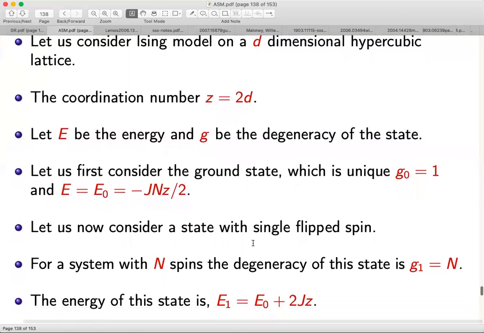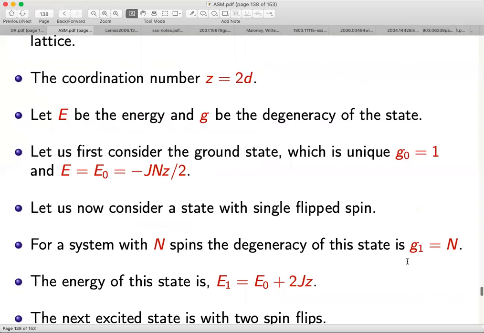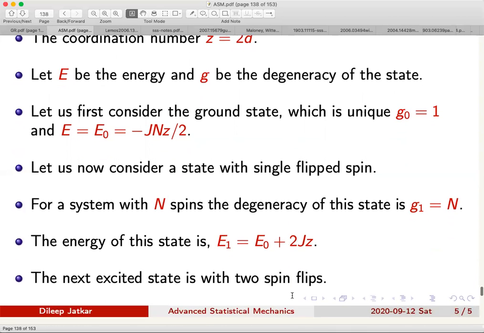So the degeneracy of this state is N. And the energy of this state is what we will call E1, which is E0 plus 2 times J times Z. As I said, in the case of the chain, the factor would have been 2J, but now you have additional coordination numbers, so you have the factor 2 times J times Z.